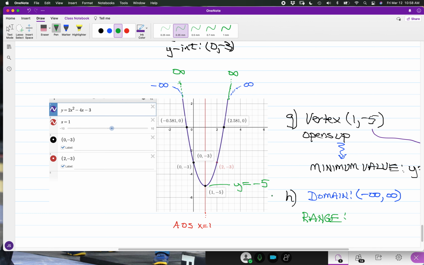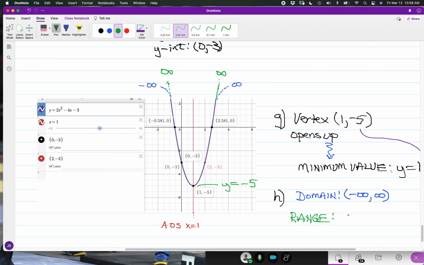For the range, there's no negative infinity on this one because we're not moving continuously downward. In fact, the function bottoms out at y is equal to negative 5. So the range goes from and including negative 5, and then everything else greater than negative 5 makes up the y values in the graph of this function, heading on out to infinity.